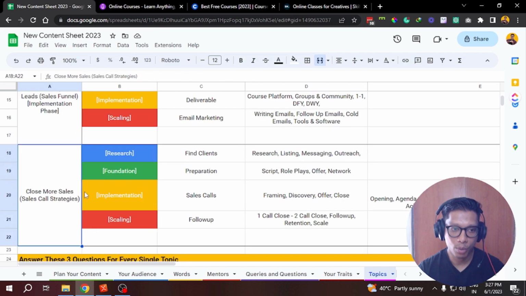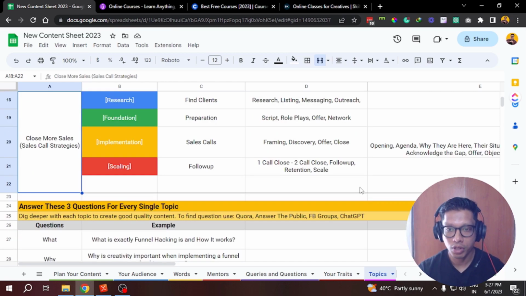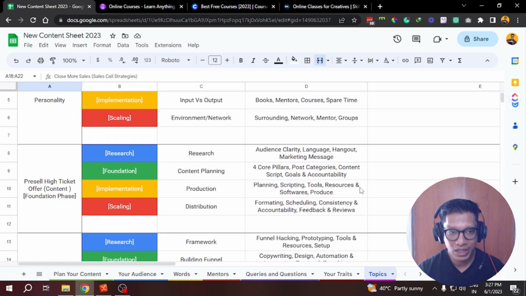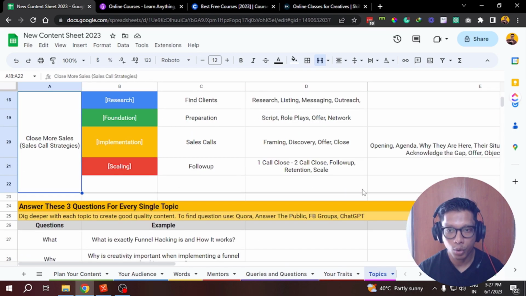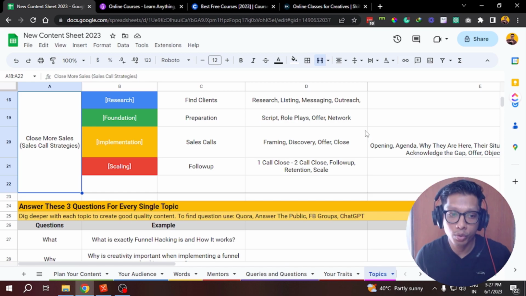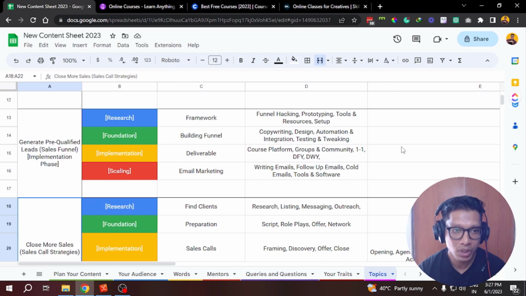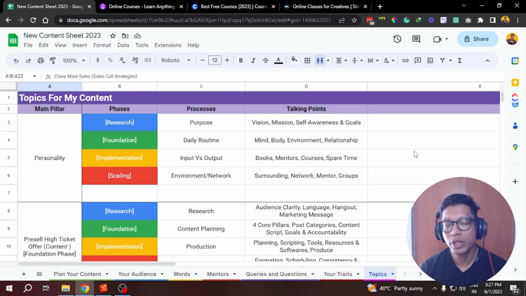Then again talk about scaling and implement all these phases in your scaling part, and that's how you can create your courses. So here you can see how I've created this entire course, and you can do the same thing with your course as well. Using this exact framework, you can create a course on almost any topic.